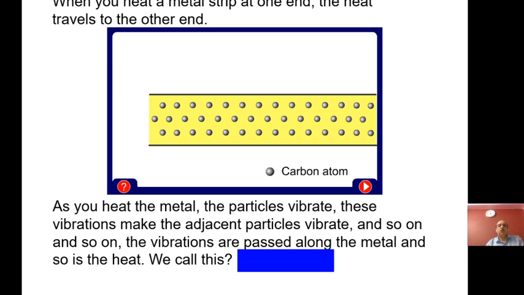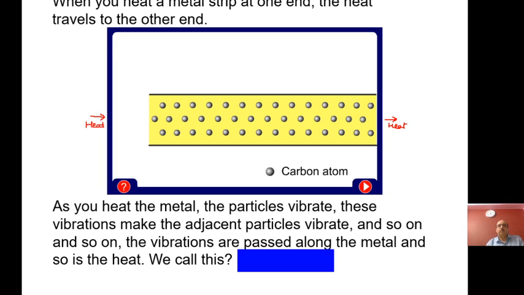When we heat a metal strip at one end, the heat travels from one end to another end. As we heat the metal, the particles vibrate.